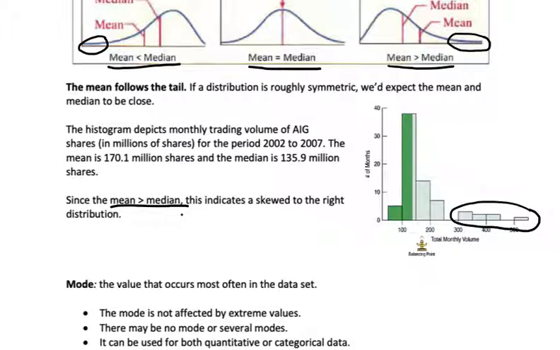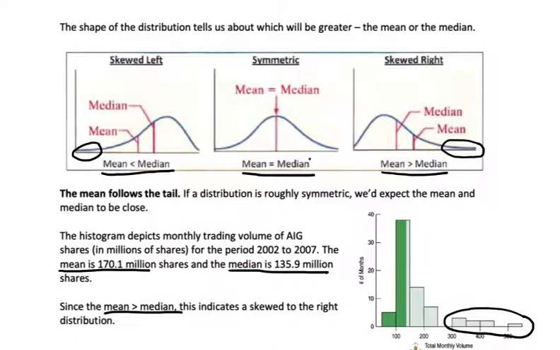If I know the mean and the median, so in this case, the mean is 170.1 and the median is 135.9 million shares. Since the mean is greater than the median, that tells me that the distribution is going to look like this. So it's going to be skewed right.